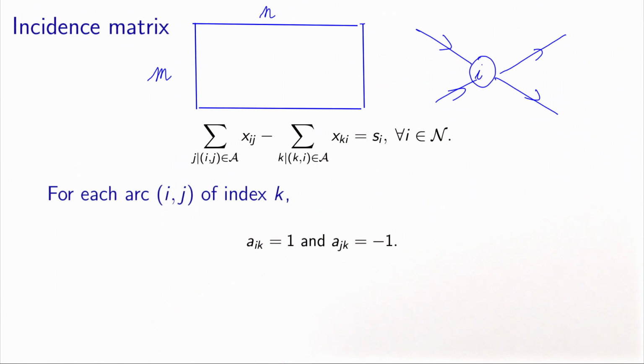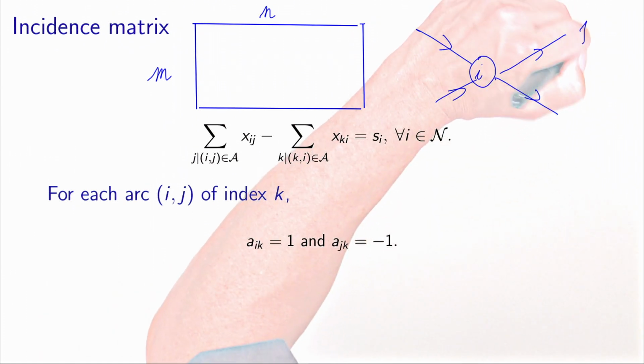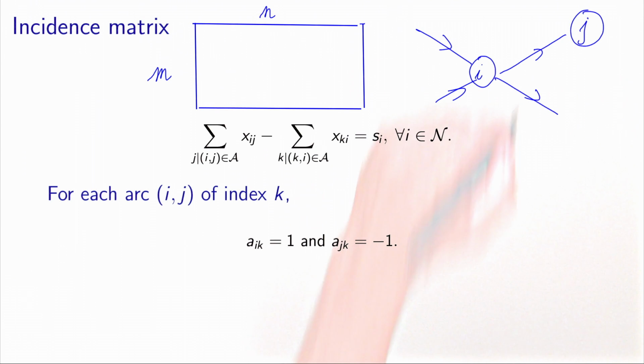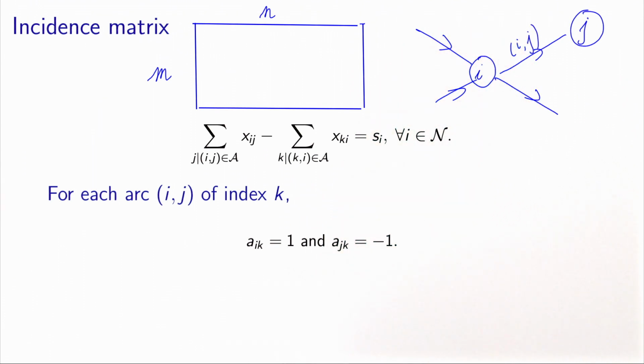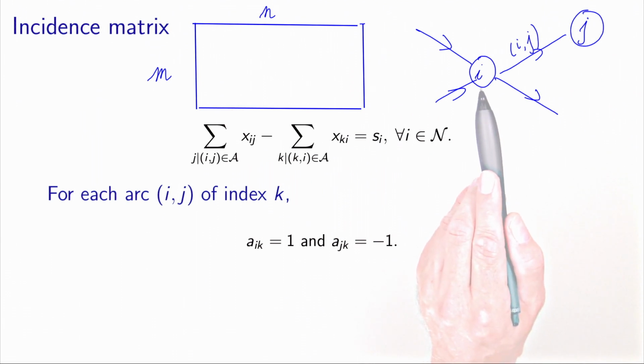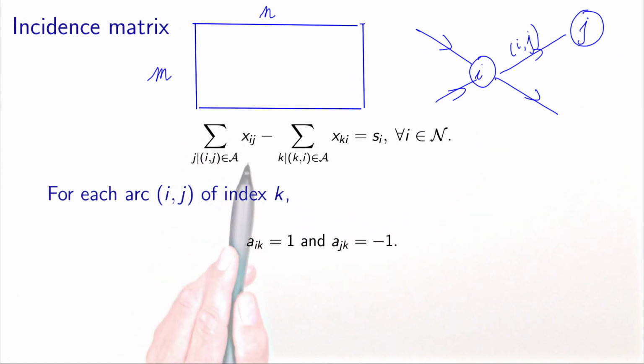If we look at this matrix not row-wise anymore, but column-wise, suppose that we have here a node J, we have the arc ij here. Well, the arc ij will appear only in two constraints. The constraint of node I, where it will appear in the first term, so with a coefficient which is 1.